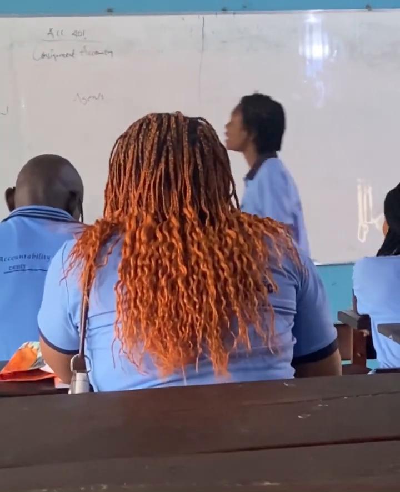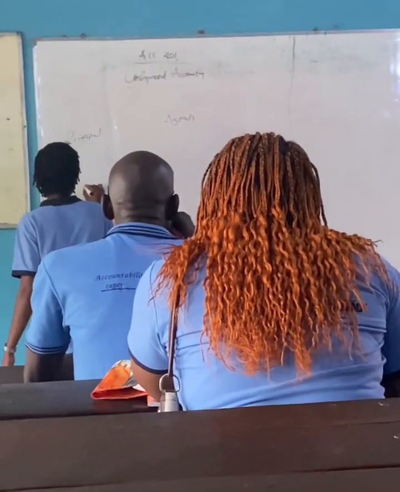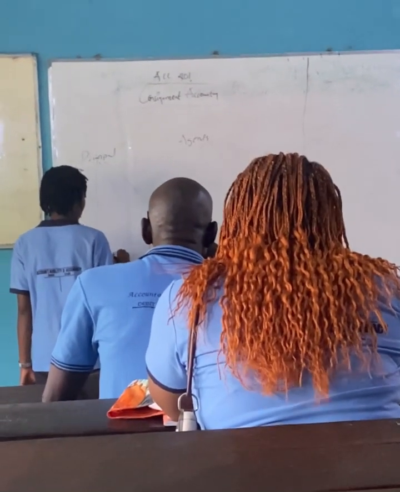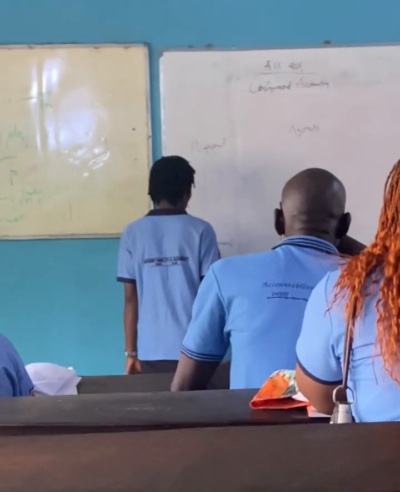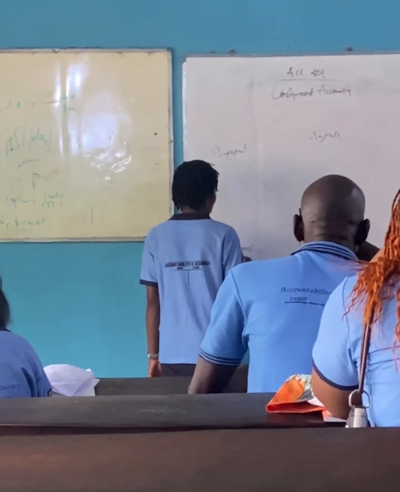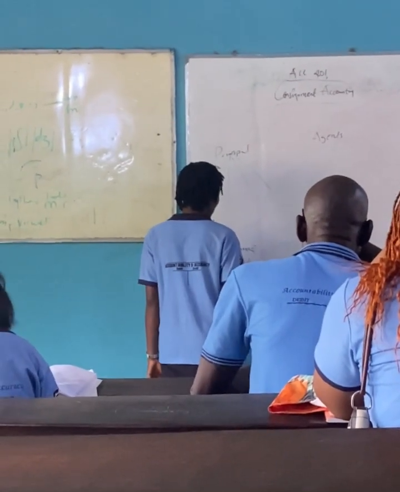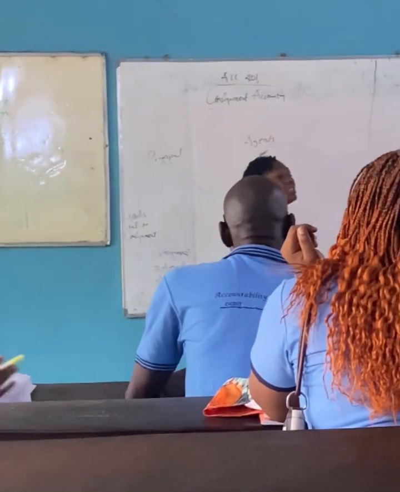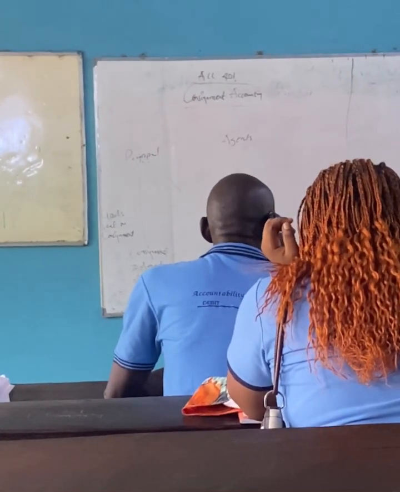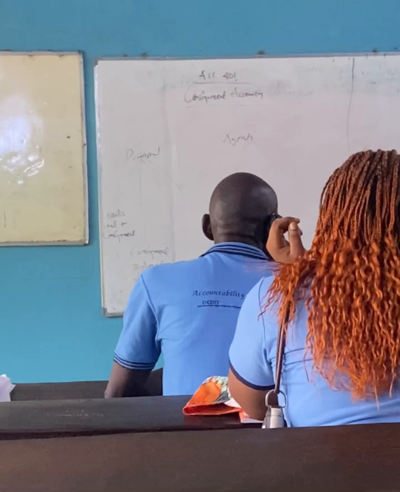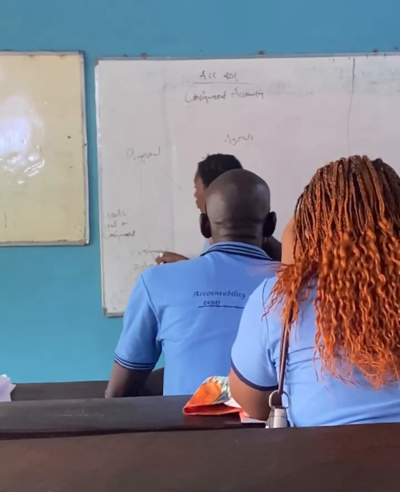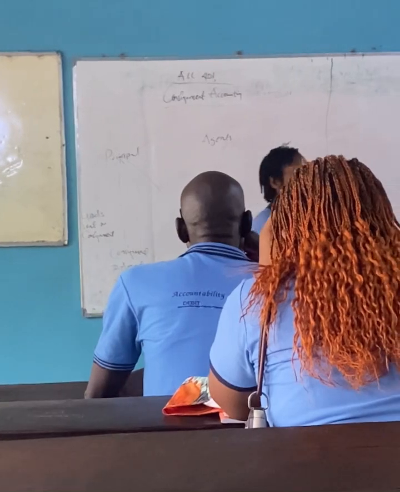The next account is consignment to agent account. I would say this one is just for a particular agent. It is in this account that the principal makes use of the account. I told you that the agent has to send a record to the principal before the principal can effectively prepare this account.